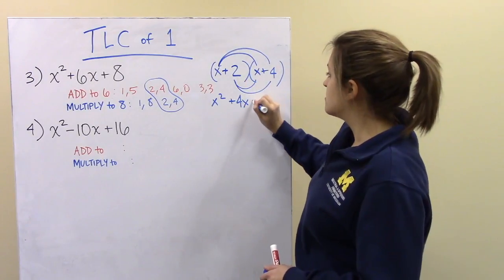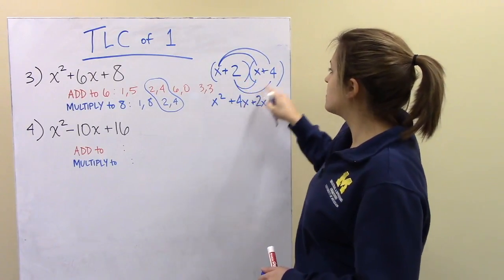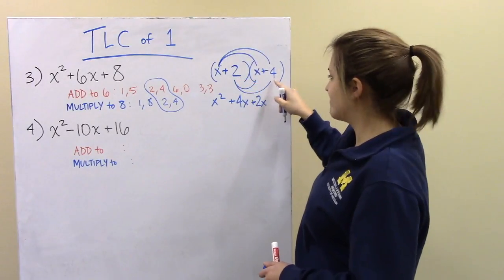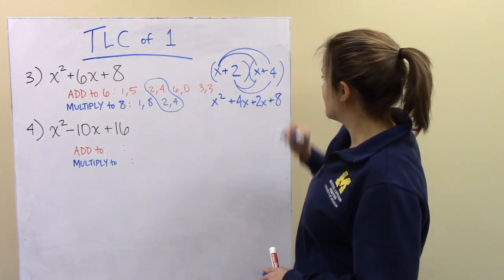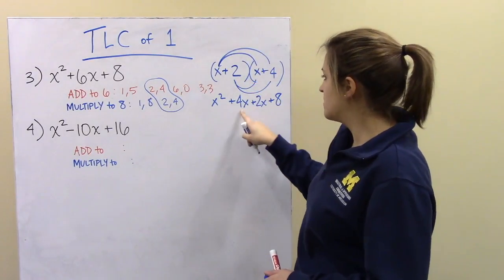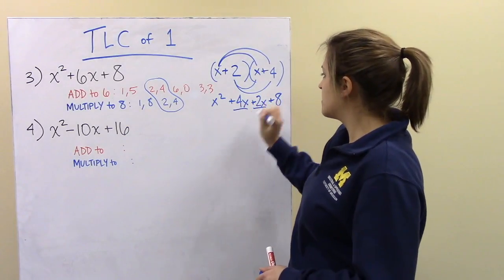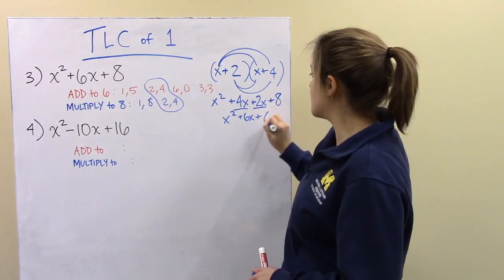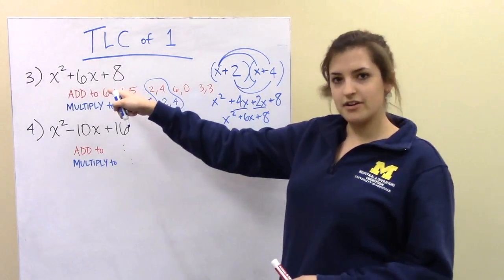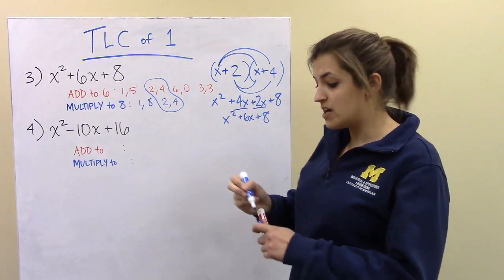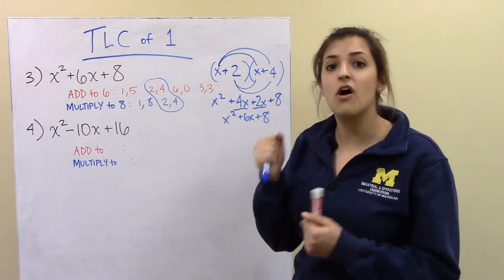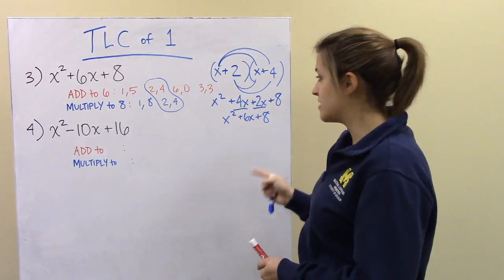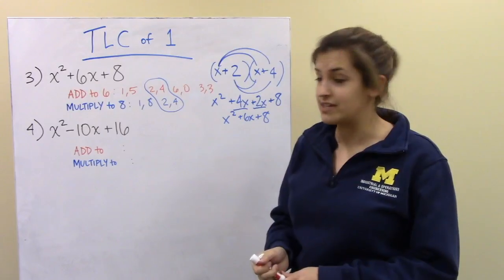Inside terms, 2x. And last are going to be 8. So 2 times 4. 4x plus 2x, that's going to be 6x. So I'll get x squared plus 6x plus 8. And this should be what I started with, and it is, so that's awesome. This is super important. You can always check yourself when you do these, and I would really recommend it.